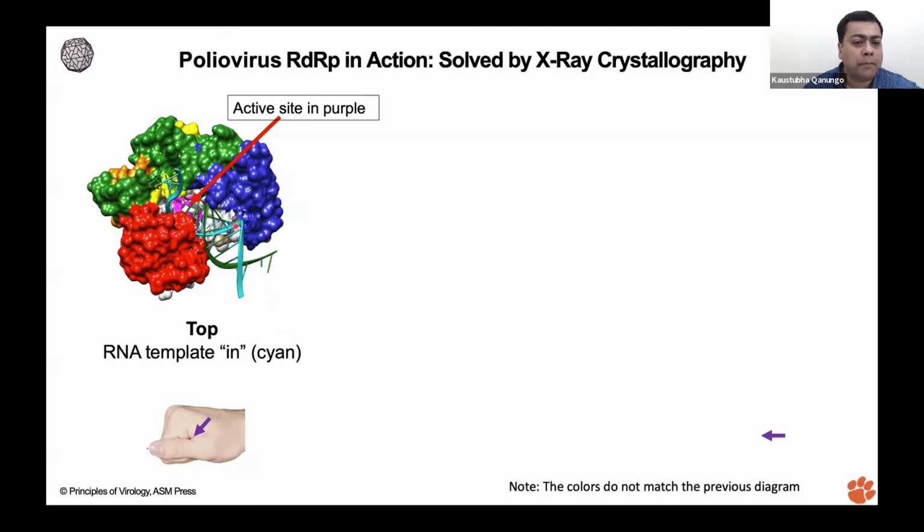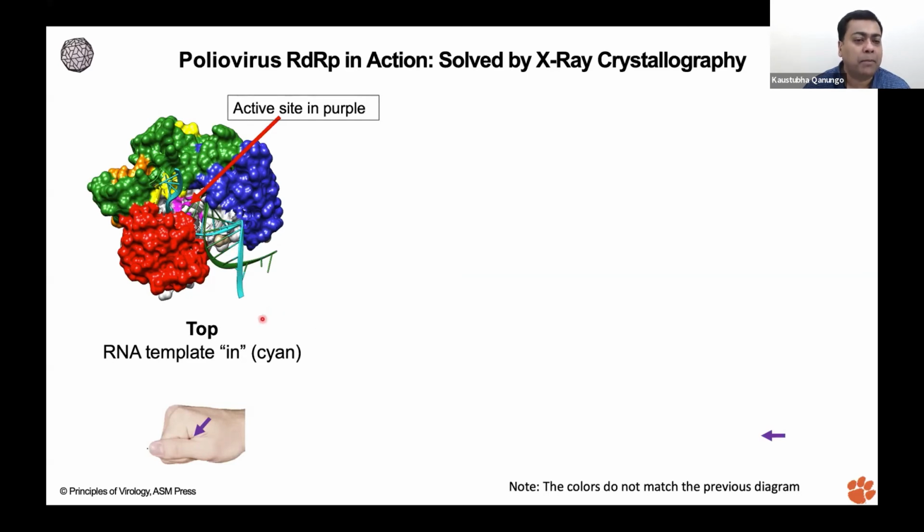So the top is open, which is this opening. If you have the hand like this, the top is open, and what you are seeing is the active site in the purple, deep into this, on top of this yellow region, which basically denotes the palm, and that's the active site deep inside. And this right here is the cyan RNA that is being shown here.